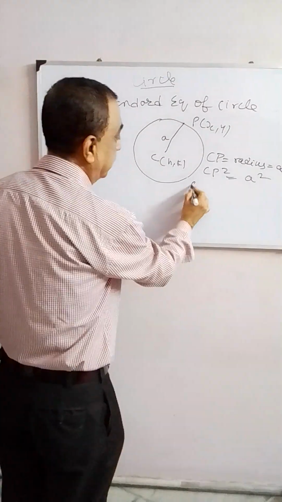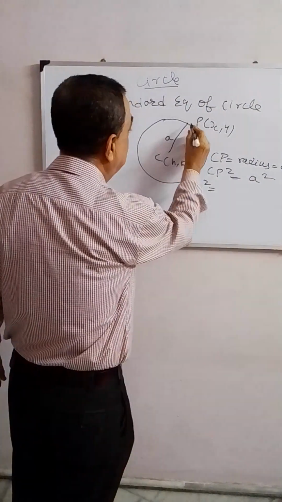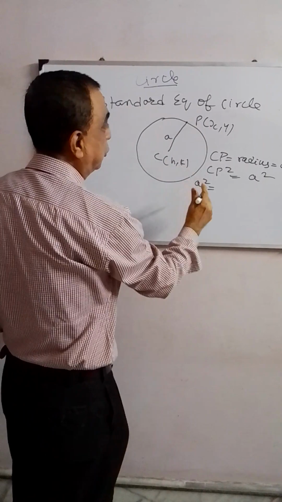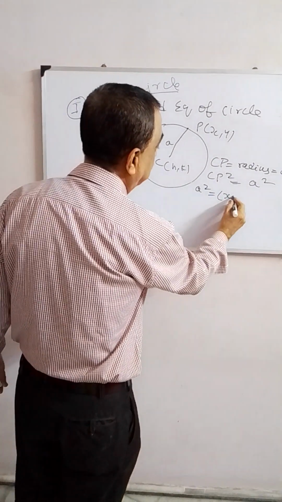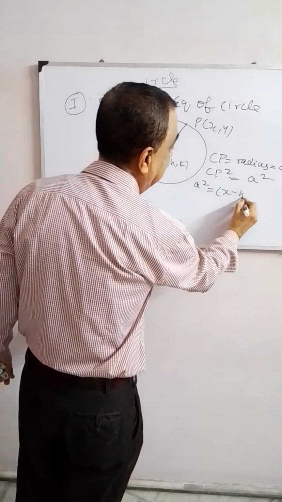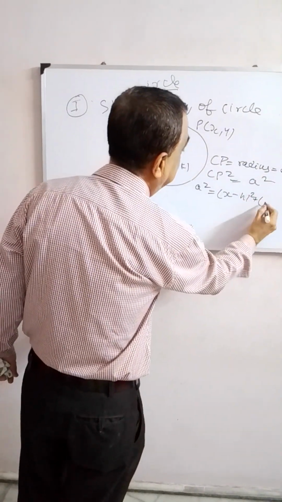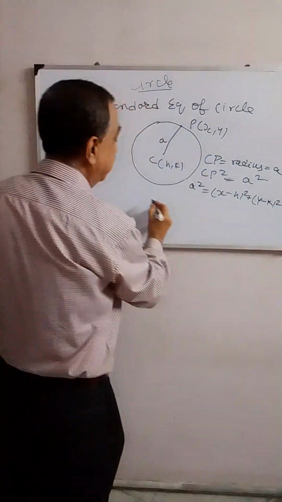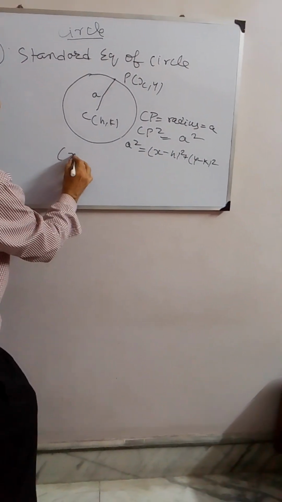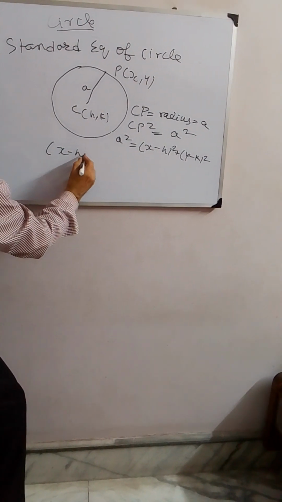And a squared we know is CP squared. So what is CP squared? This will be x minus h whole squared plus y minus k whole squared. So this is the standard form of the equation of the circle.